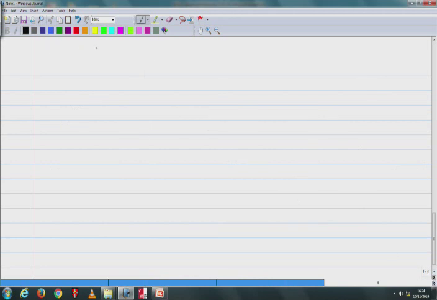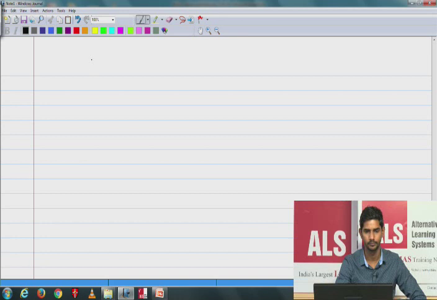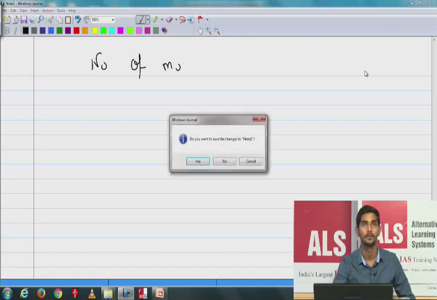See, the formula for the number of moles.